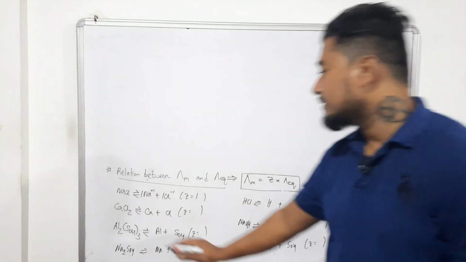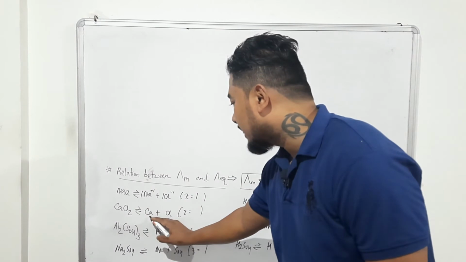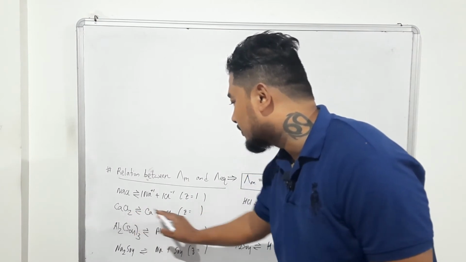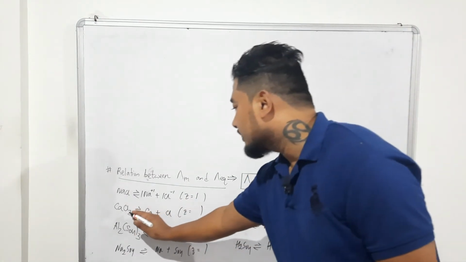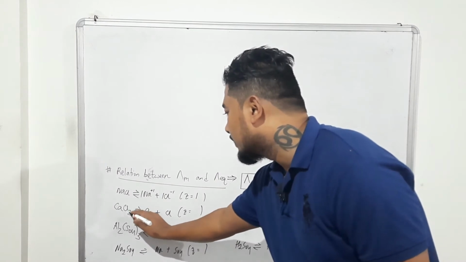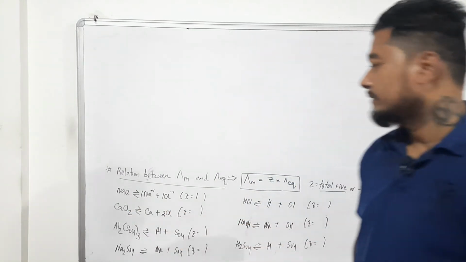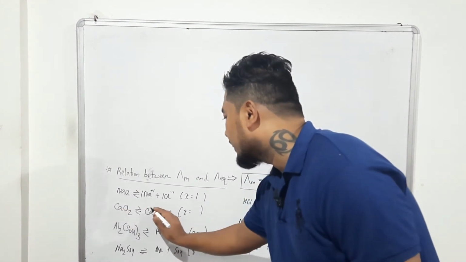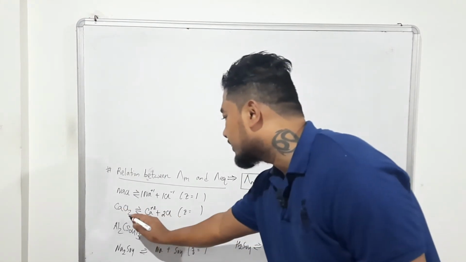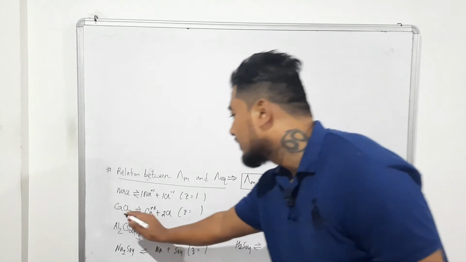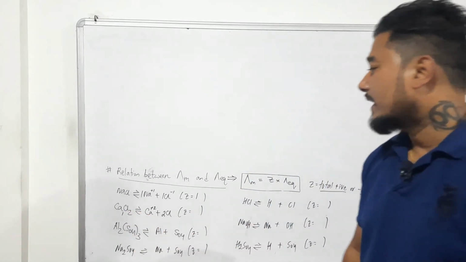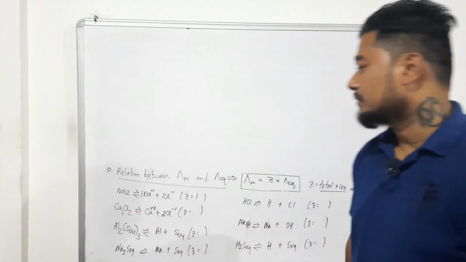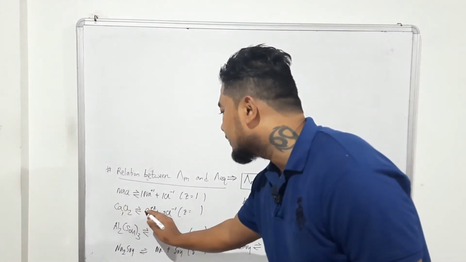Now let us go with the next. You can see calcium, I have written here, this is calcium chloride, so chlorine is here. You can see 2 is given. What is 2? Chlorine is 2, so write here 2 as chlorine. Done? Now this 2 is the valency of calcium, and the calcium valency is +2 because this 2 indicates the valency of calcium. And what is here? 1. That is the valency of chlorine, so we write here -1. So now how many calcium you see? 1.